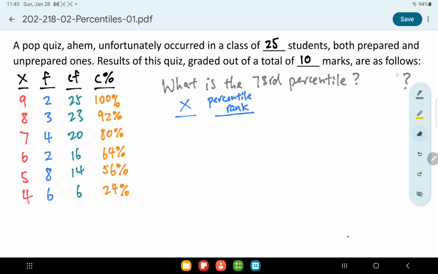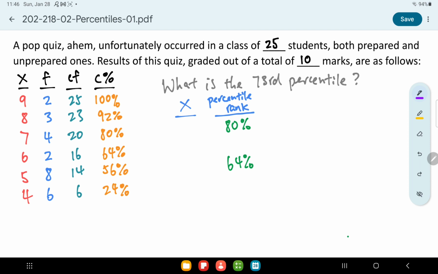And with this question, what we're expecting is to come up with an answer of x equals something. So we're figuring out where x is that corresponds to the 73rd percentile according to this distribution in front of us. Now, the 73rd percentile, if you look under the column of cumulative percentage, you will see that it's somewhere between 80% and 64%.